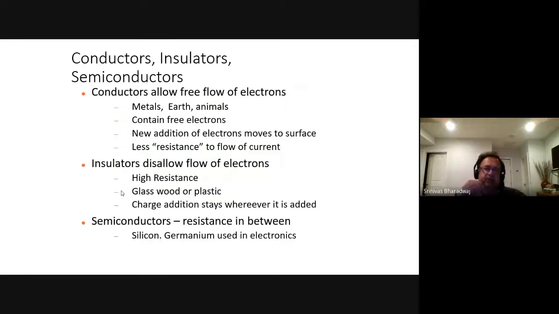So there is conservation of charge, quantization of charge, and additivity of charge, right? Then we introduce the material. Now there are conductors, which allow the free flow of electrons. If you learn the material later in chemistry, you will understand where the free electrons come from. Now insulators don't allow flow of electrons. They have high resistance, and some of them don't allow any flow.